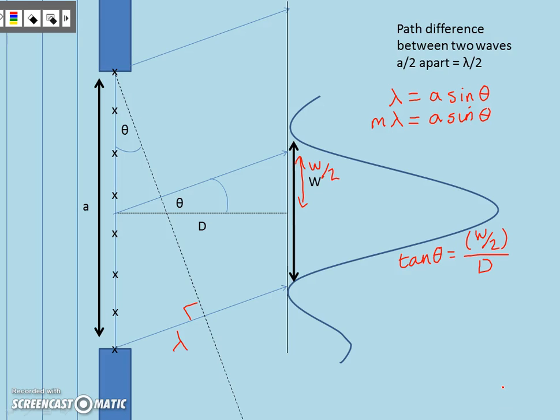Now, as we looked at before, for small angles, which this would be, tan theta is approximately equal to sine theta.